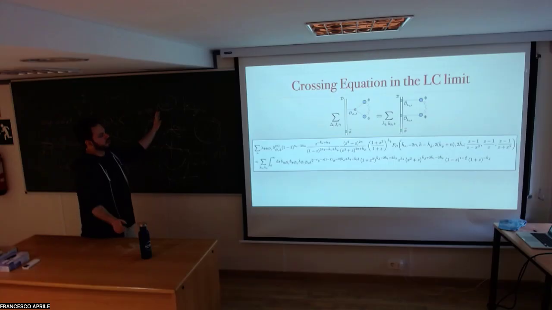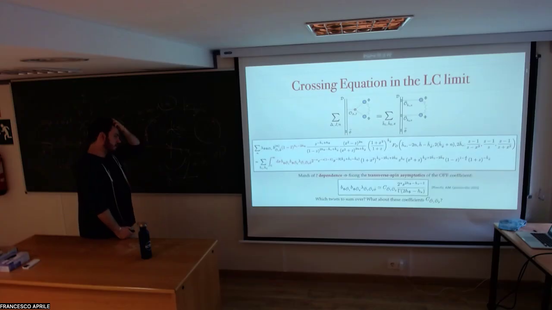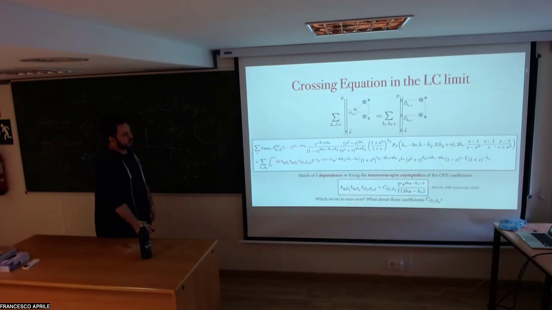So the crossing equation in its full form is this one, which can be a little bit intimidating, but there are some nice things about this. In particular, the Z-bar dependence. If we match these terms, we can fix the transverse spin asymptotics of this product of OPE coefficients, which is just some power law in spin times this unknown coefficient.